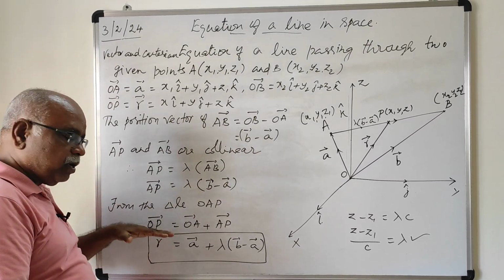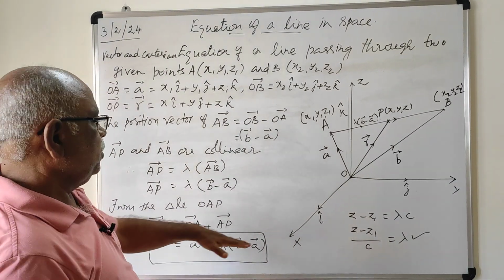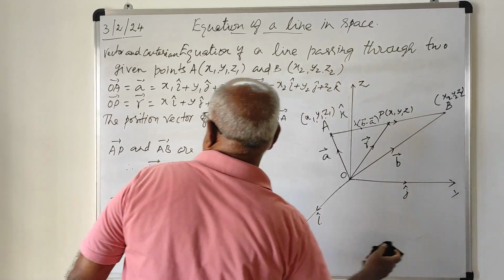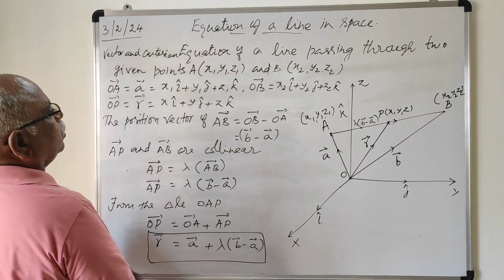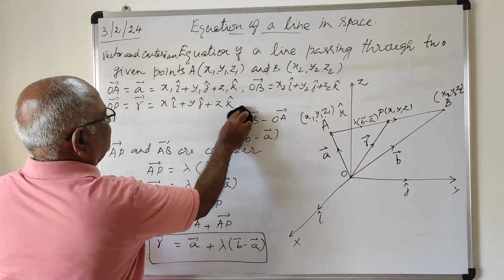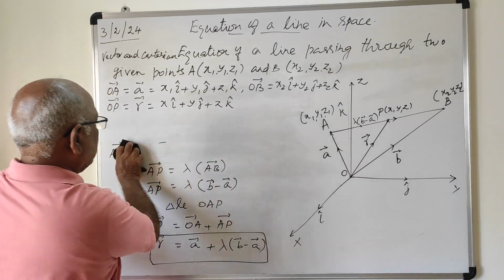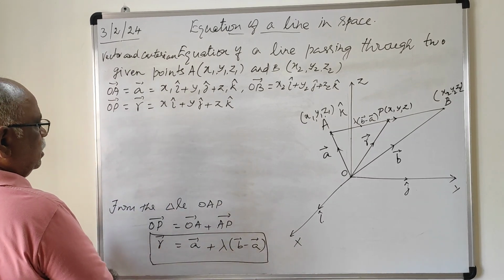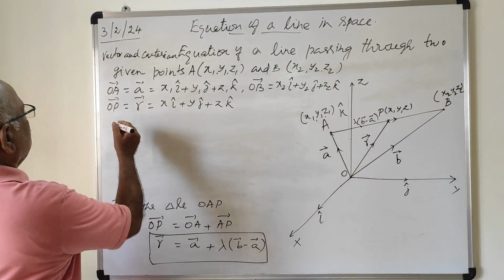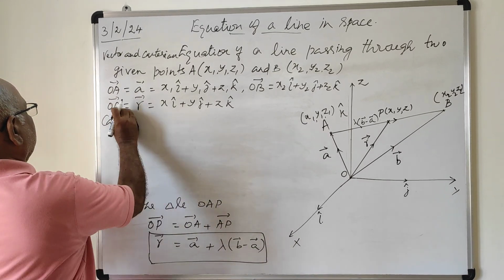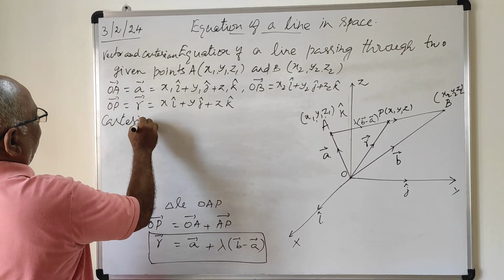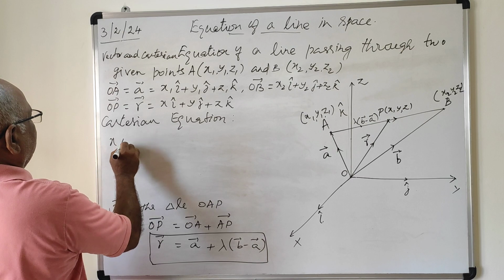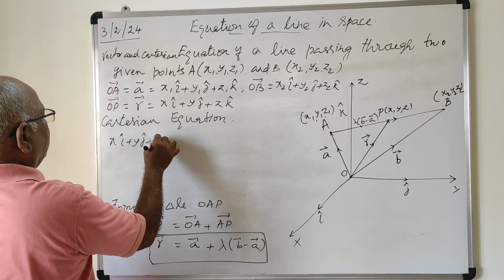Now we have to see the Cartesian equation of this line passing through the two given points. To find the Cartesian equation, R vector is xi plus yj plus zk.